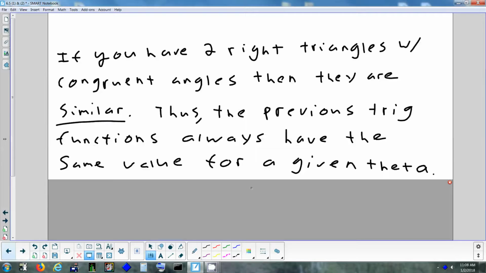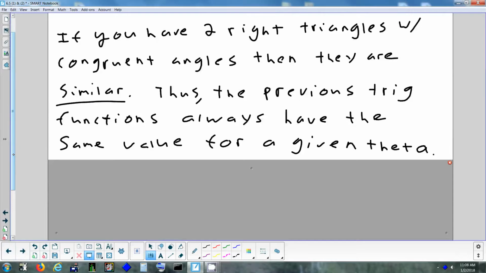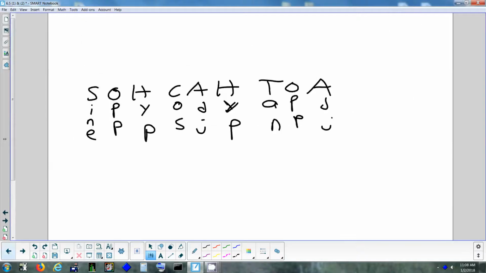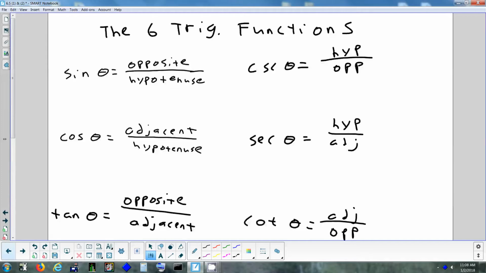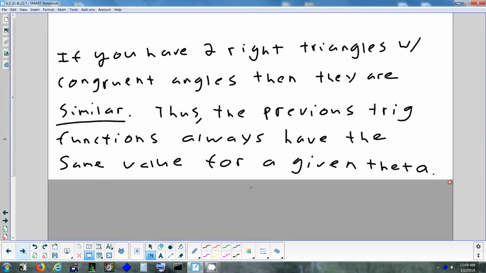When you do right triangle trig, the size of the triangle doesn't really matter. If you're dealing with two triangles that are similar, meaning all the angles are the same, and I ask you to find one of these six trig functions, you can use any size triangle you want, and you'll still get the same answer. Let me show you.